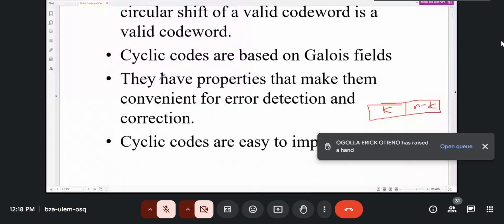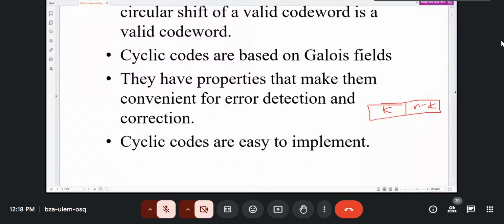Ogola, you have pressed your thing again, or is it by mistake? Yeah. I just want to ask, when you produce a syndrome which is not in the transpose of the parity check matrix, what is the implication of that? Because sometimes you can produce a syndrome which is not one of them.